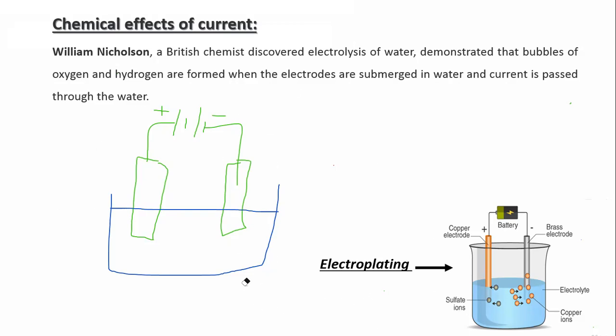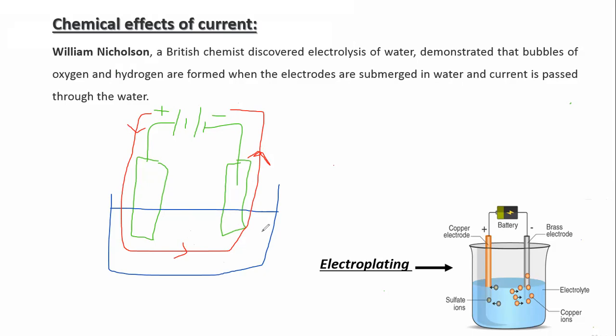What happened once the circuit was completed by the presence of water? The current starts flowing from the positive terminal, let's say, to the negative terminal. The current starts flowing because it has a complete pathway. The conduction pathway was complete, hence it is no more an open circuit but a closed circuit, so conduction will start. As soon as the conduction starts, what happened?